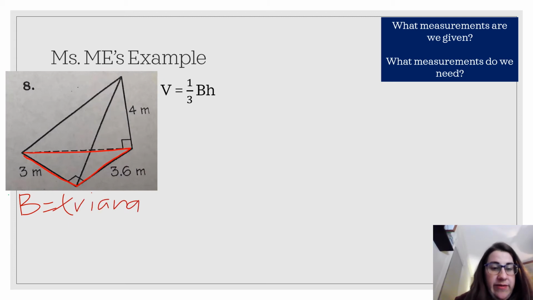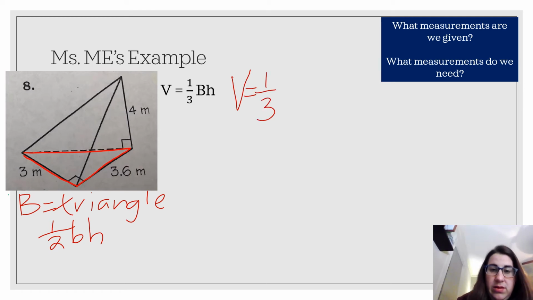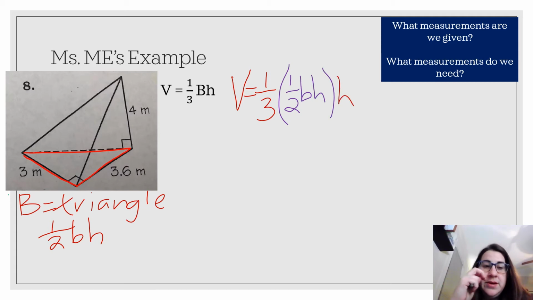So what I'm going to put in for B is 1/2 base times height. And we have to be careful here because now we have two H's and they don't mean the same thing. So this formula turns into volume equals 1/3 times 1/2 base times height, and then I still have another height, and they're two different things.